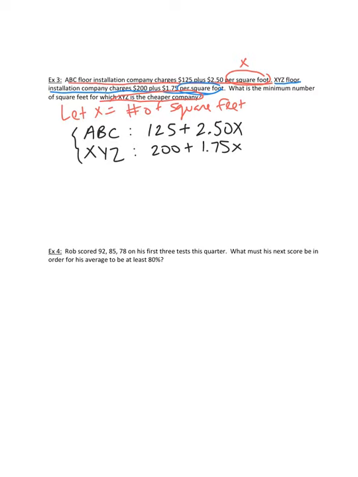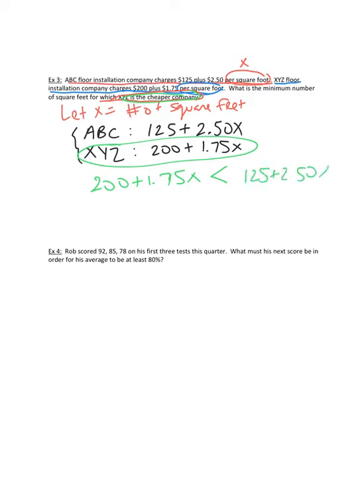So if I want XYZ to be the cheaper company, that means I want this one to be smaller. So I'm going to set up my inequality like this: 200 plus $1.75x, that's company XYZ, I want it to be less than, cheaper than, the ABC company, which is 125 plus $2.50x.